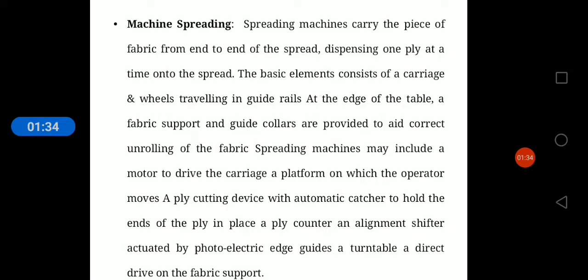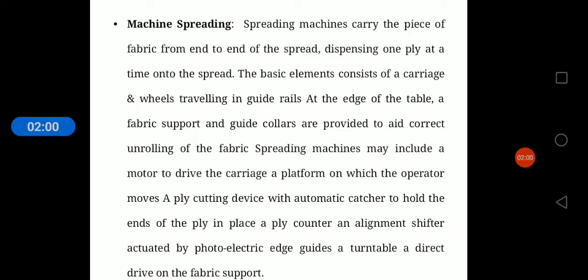Machine spreading. Spreading machines carry the piece of fabric from end to end of the spread, dispensing one ply at a time onto the spread. The basic element consists of a carriage and wheels traveling in guide rails. At the edge of the table, a fabric support and guide rollers are provided to aid correct unrolling of the fabric.